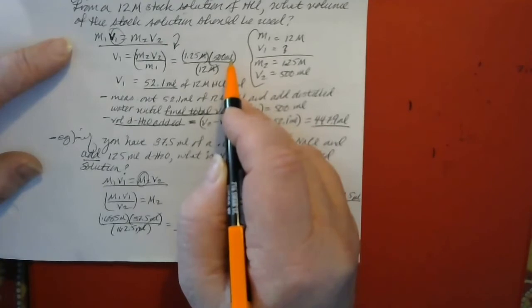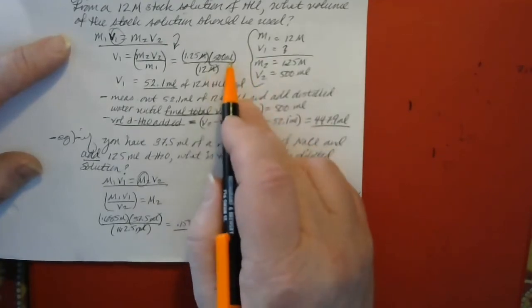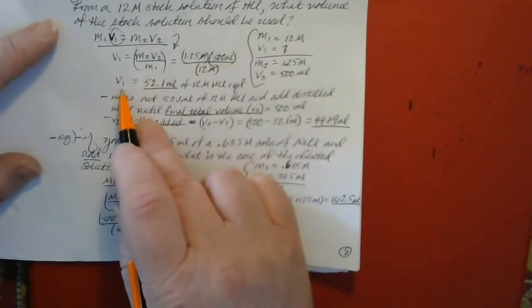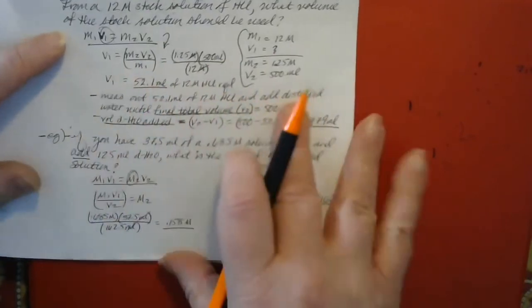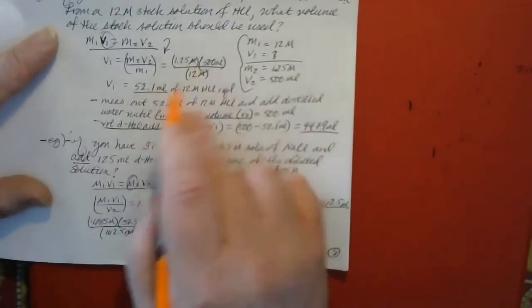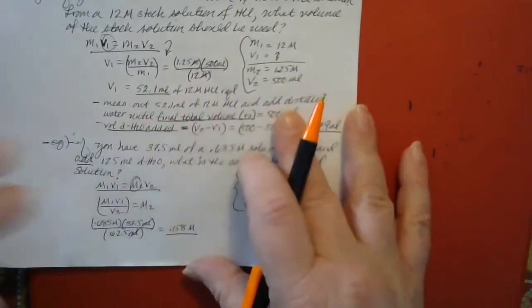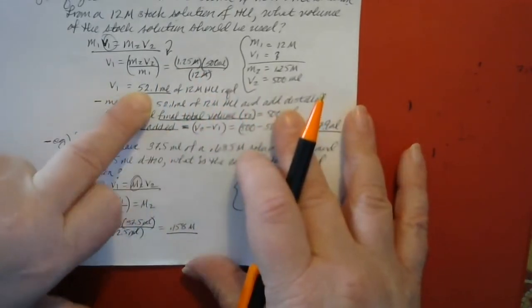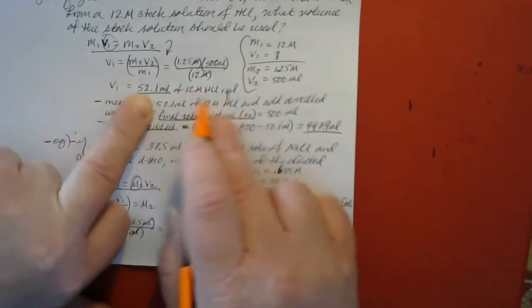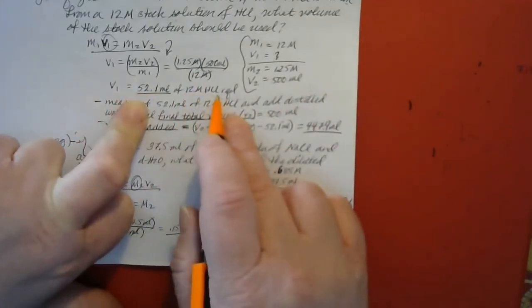In this case, if you put in milliliters, that means you're going to get milliliters as the unit for the answer. And that works out to 52.1 milliliters. So what I would have to do is measure out 52.1 milliliters of the 12 molar hydrochloric acid.